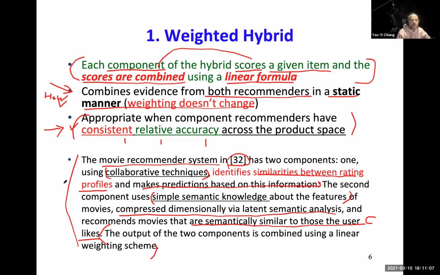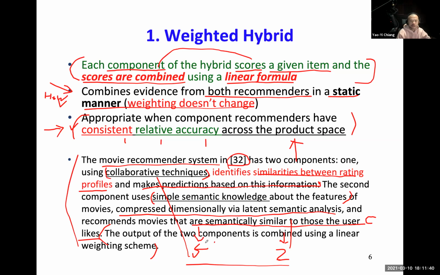So in this example, what does it mean that the 2 components would have consistent relative accuracy across the product space? Well, say your collaborative filtering gives you 5, and the content-based one gives you 2. Since you already have some data that you are testing, you know that you want to trust your collaborative filtering more than your content-based system.